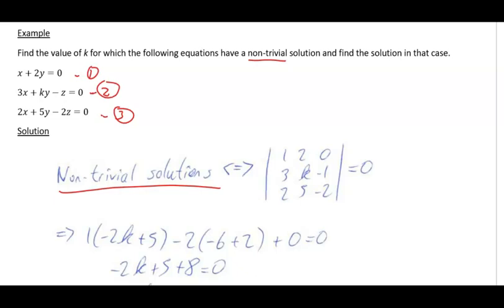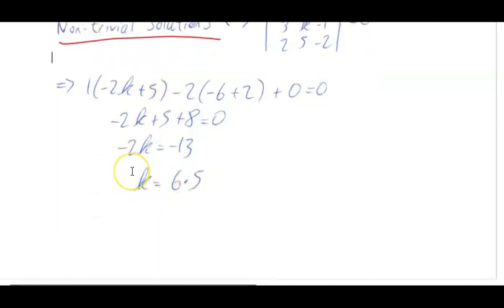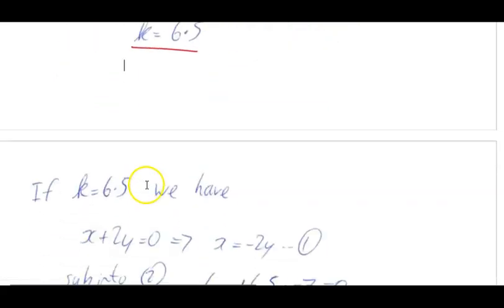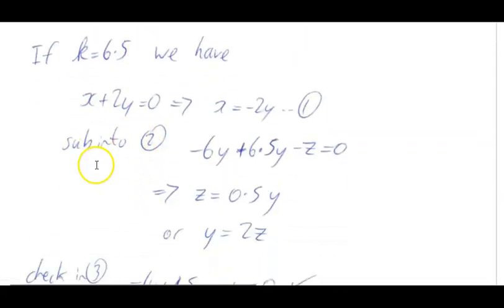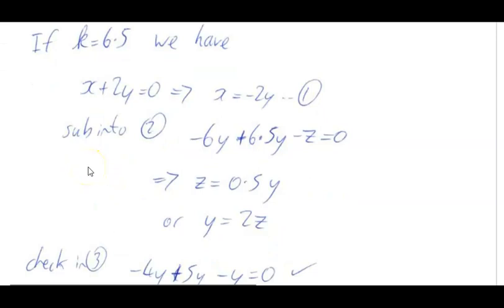So you just find your determinant, and when you work it out you get minus 2k plus 5 plus 8 is equal to 0, which works out to be, a wee bit of working out, k is equal to 6.5. If we put k equal to 6.5, this is your equation 1, and we rearrange it, you get x is equal to minus 2y.